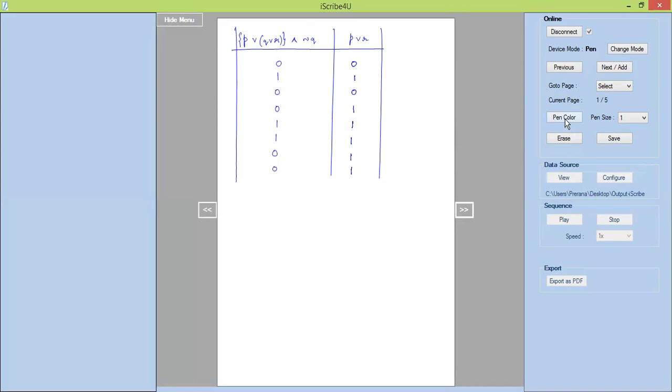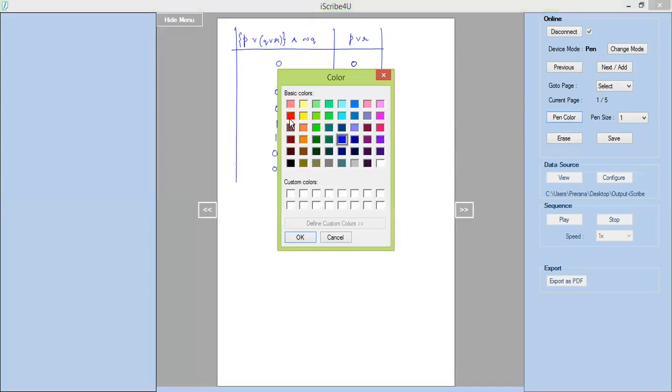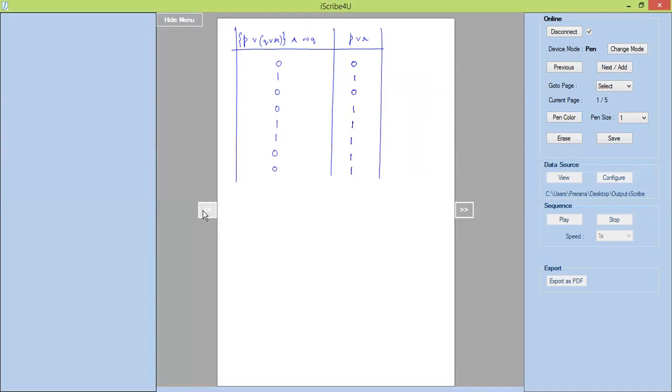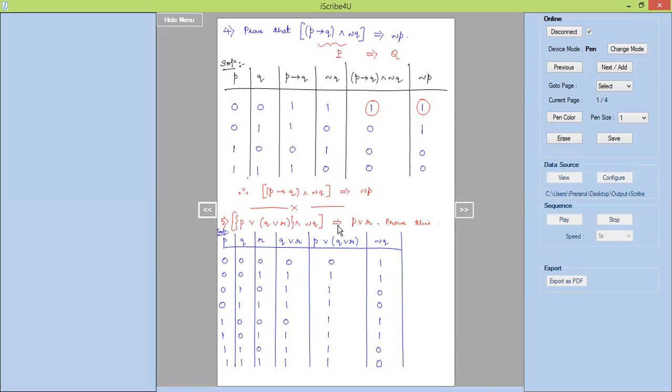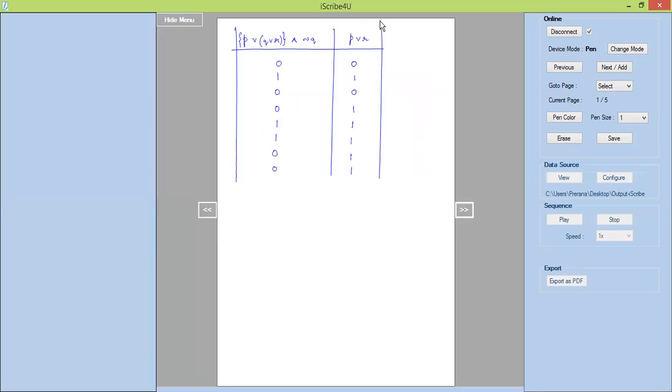Now what is to be verified? What we are supposed to verify, I will just show it to you. We have to prove that this implies P or R. So implies means whenever P is true, Q should be true.